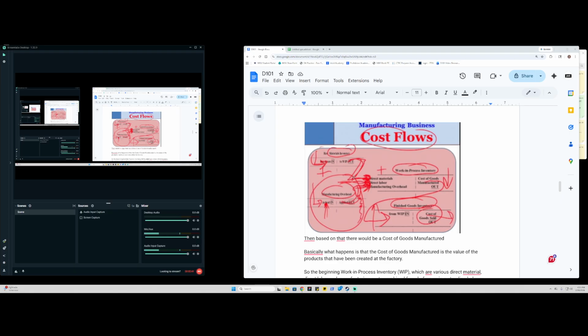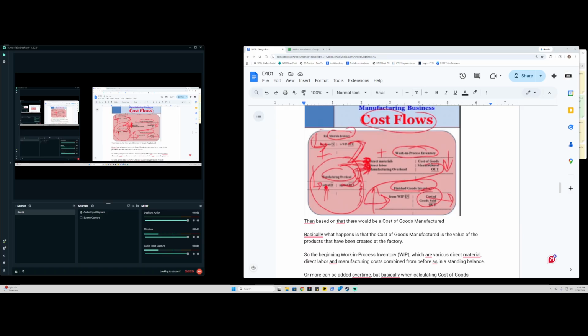The ending work in process inventory amount would be the beginning work in process inventory amount for the next manufacturing period. The cost of goods manufactured amount would be credited, and then that amount would be debited into finished goods inventory from the work in process account, and then it would be credited out as cost of goods sold.